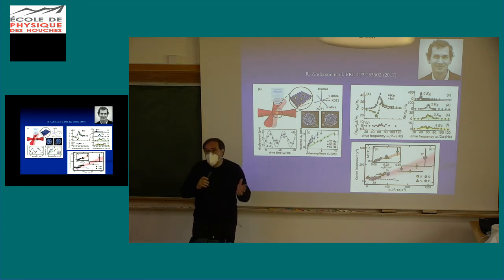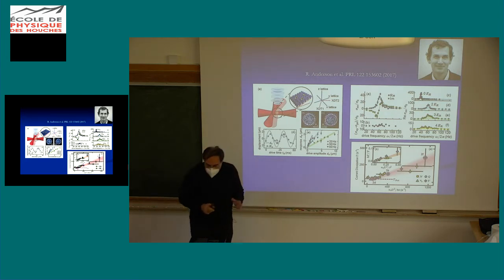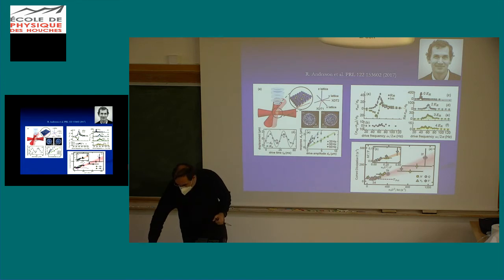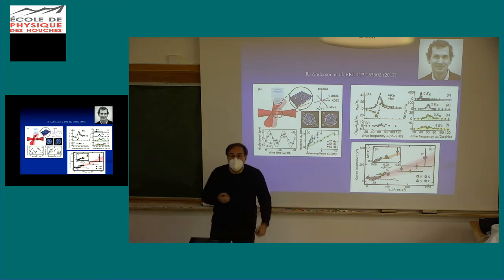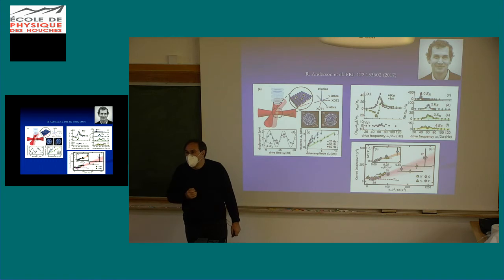Okay, before I move to mesoscopic systems, are there questions on this? So again, the Kubo formula is a super general, super useful formula, but of course, it's a little bit like if you write the Hamiltonian of the system. It's not because you wrote the Hamiltonian of the system that you're going to solve it.